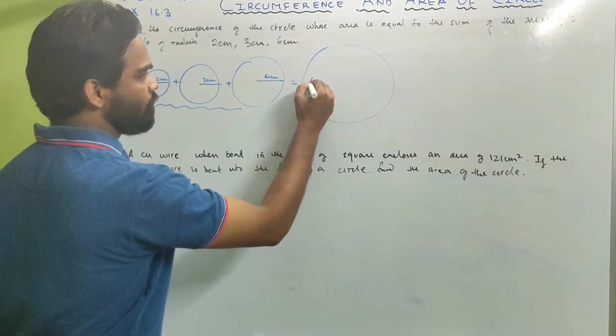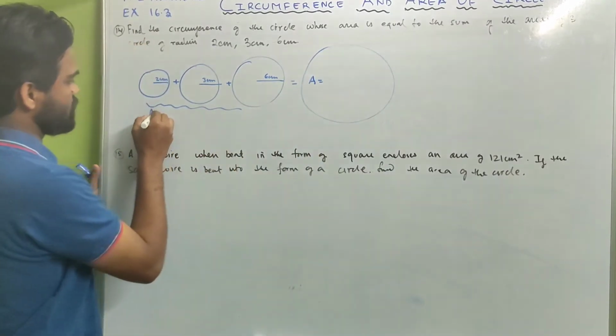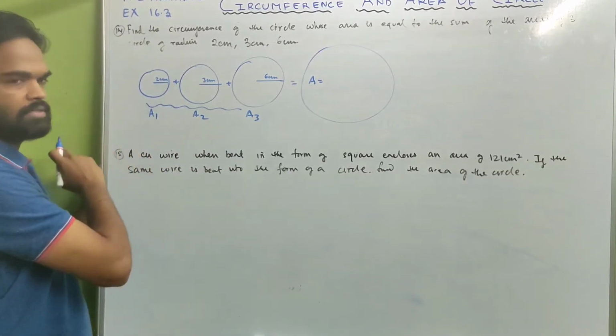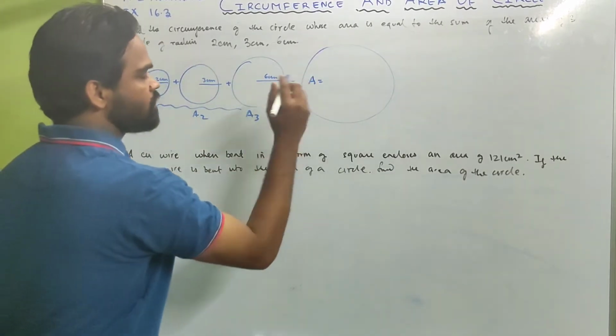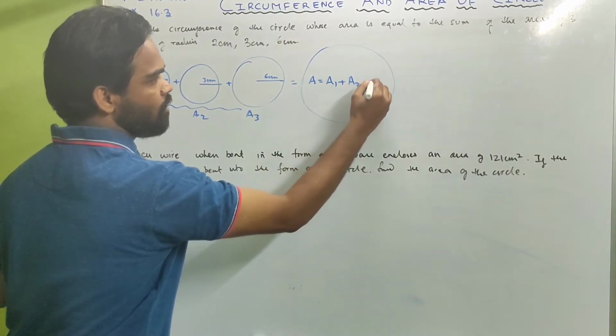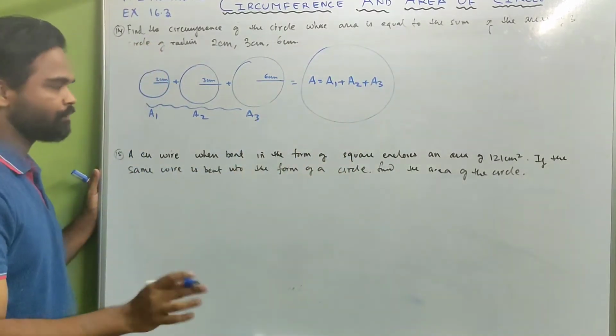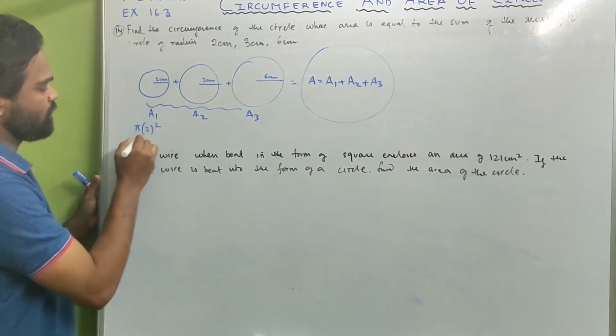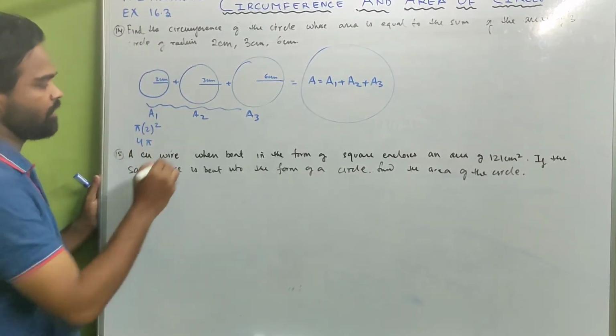So suppose the areas of these circles are A1, A2, A3. Then the area of this bigger circle, the resulting circle, will be A1 plus A2 plus A3, isn't it? The area of the first circle is pi r square, that's 4 pi centimeter square.